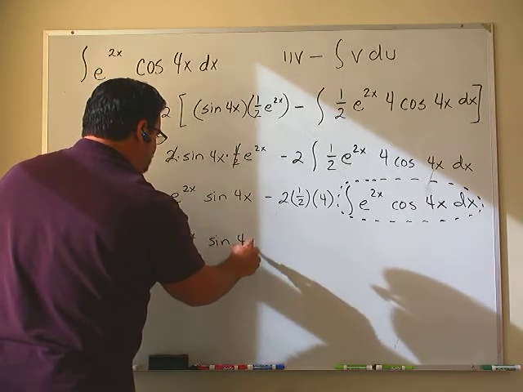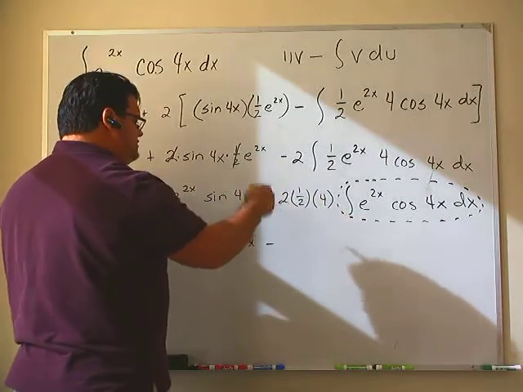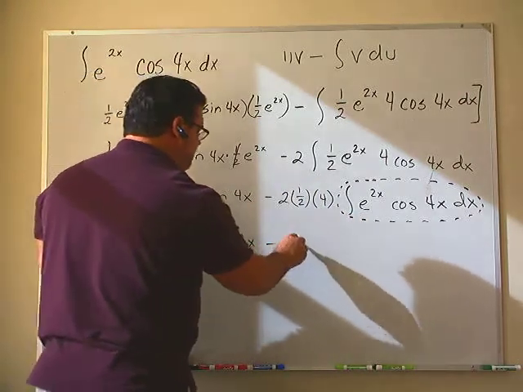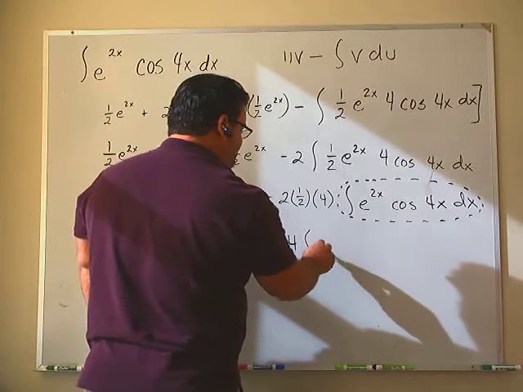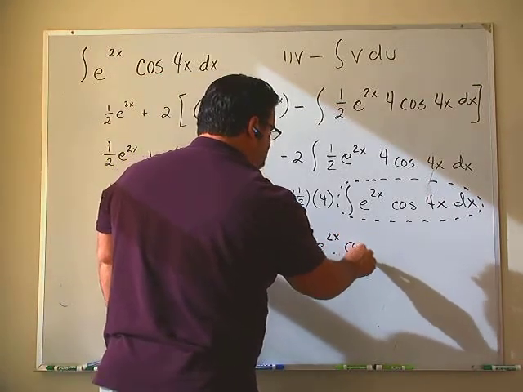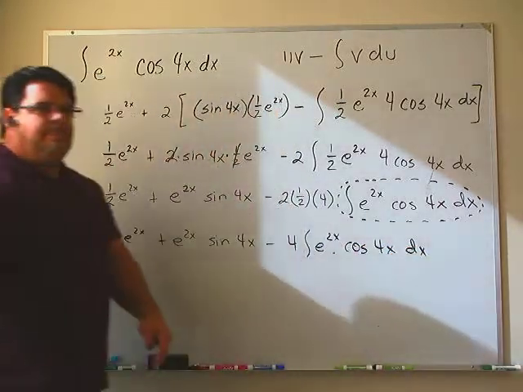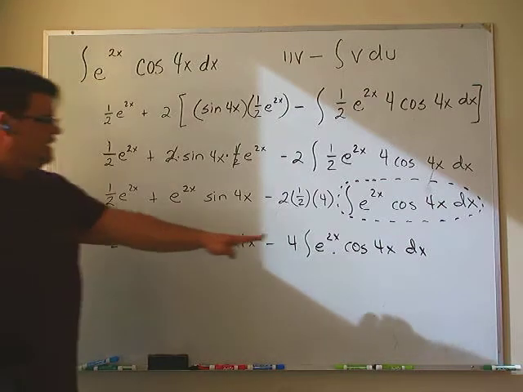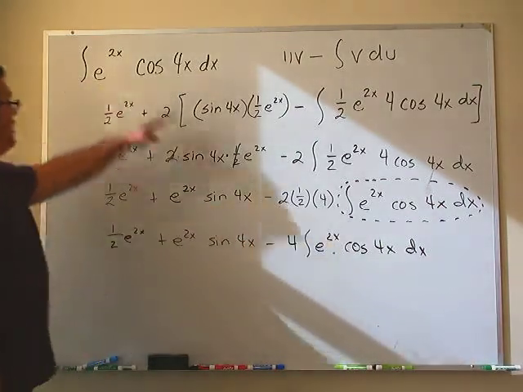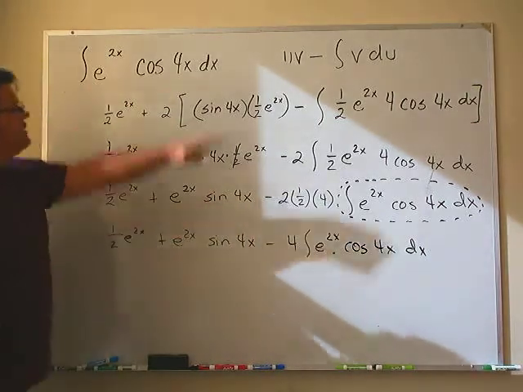So we get 1/2 e to the 2x plus e to the 2x sine of 4x minus, clean all this up, half of 4 is 2, 2 times 2 is 4, so we have 4 antiderivative of e to the 2x cosine 4x dx.